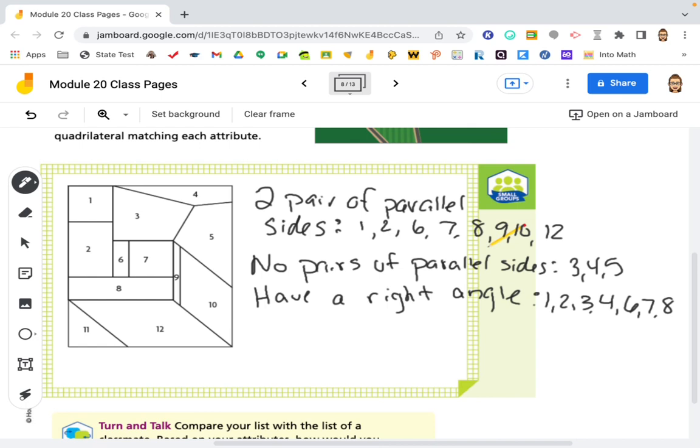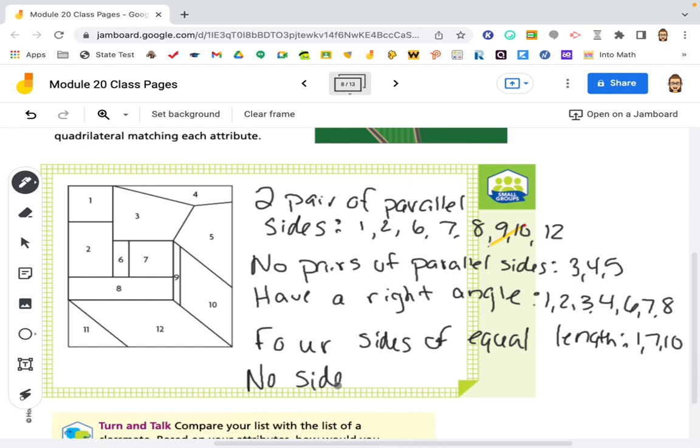They could have four sides of equal length, which would be 1, 7, 10. Or they could have no sides of equal length.